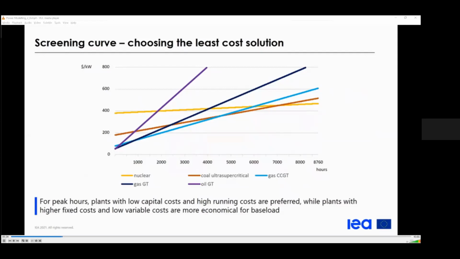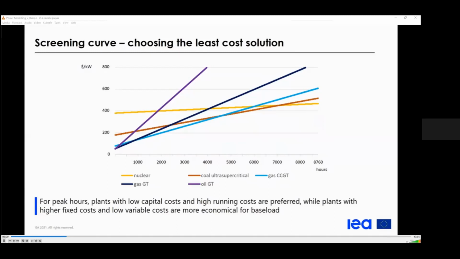In the screening curves, you look on the y-axis at the fixed annual cost, and it shows how the cost would increase over the time of use over the year, depending on how variable costs are evolving.